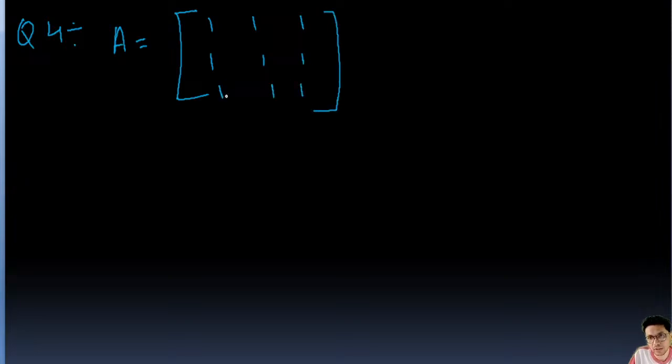Question number 4. A is given. This is 1 1 1 1 1 1 1 1 1. Okay, this is the A given.